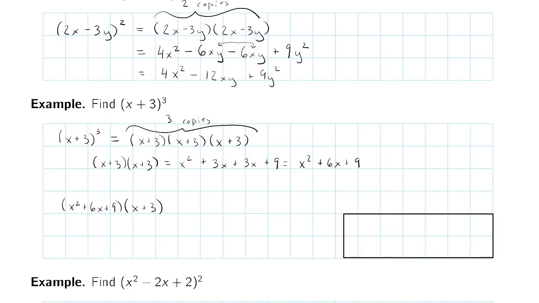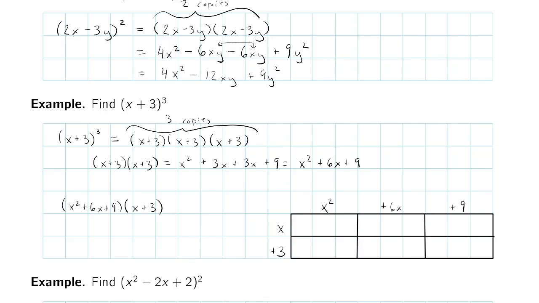So we'll want a rectangle with 3 columns and 2 rows. I'm going to put this off to the side from where I'm writing. Across the top, we'll have our x squared plus 6x plus 9. And down the side, we'll have our x plus 3.